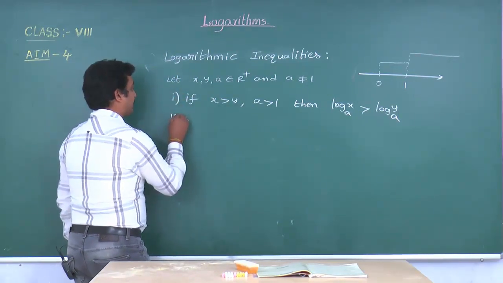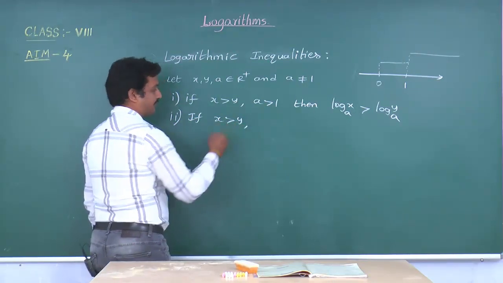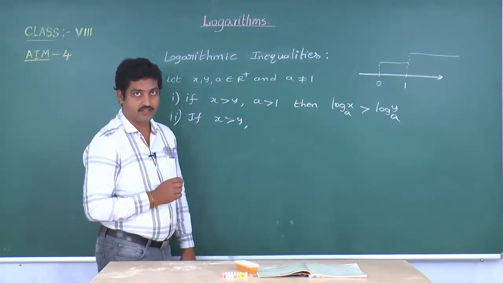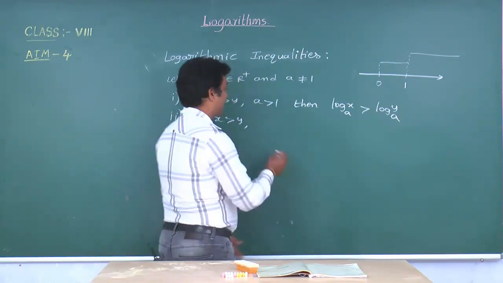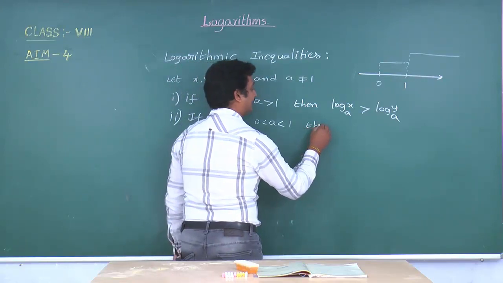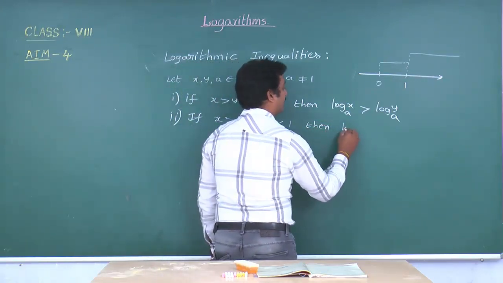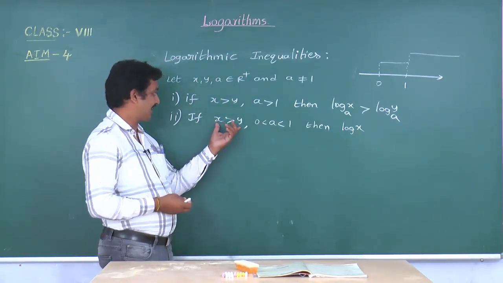This is the first one. Second one: if x greater than y, here also x greater than y, but what is the other interval of the base? 0 less than a less than 1. Then the inequality between the logarithms will be changed. Here x is greater than y.